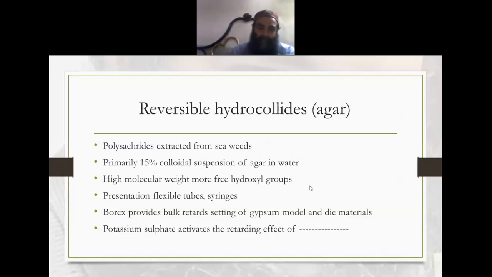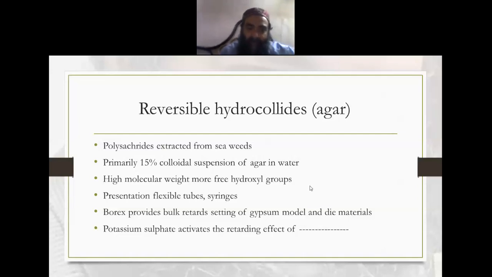Now, borax. We have already studied borax as a retarder. It provides bulk and retards setting of gypsum model and die material, which we already discussed previously.